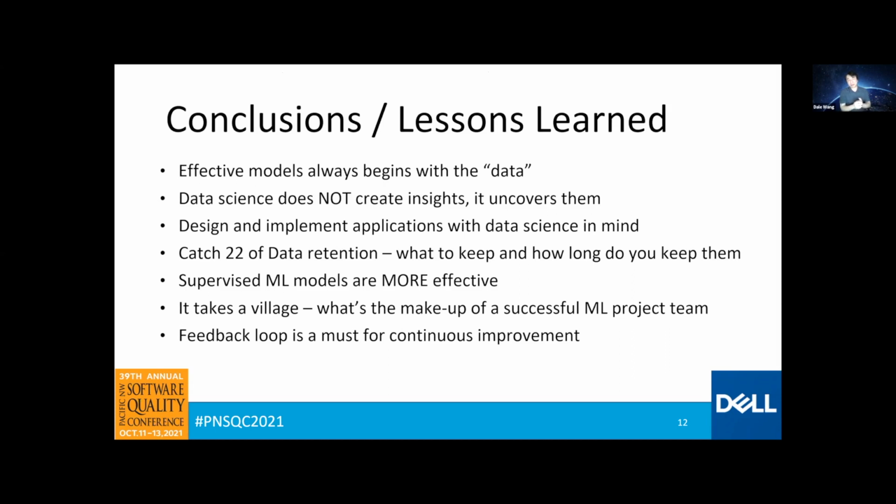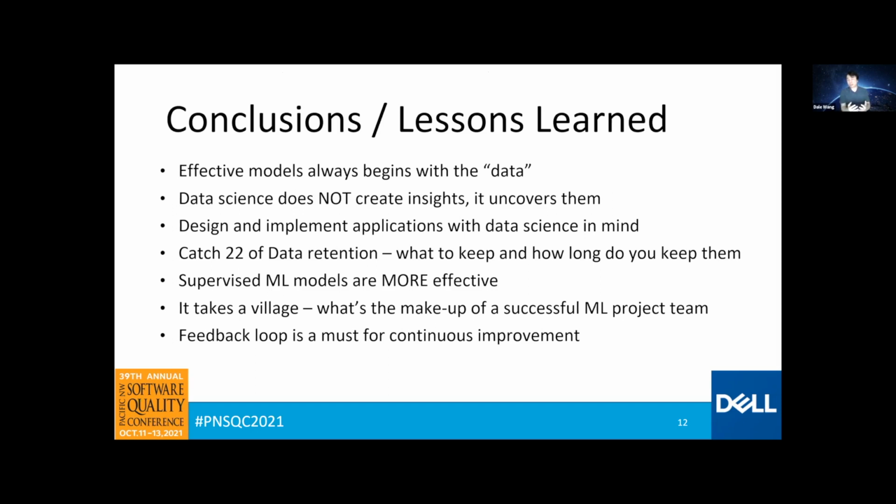And one other thing I want to talk about is that the makeup of a successful project is that you need people with domain knowledge, right? So in the team that I worked on, we involved tech support and people from product, along with data scientists. So it's the combination of all these people from different domains that contribute to making the project successful.